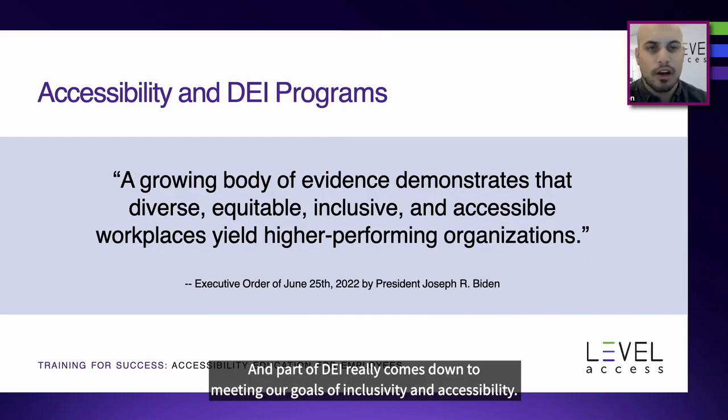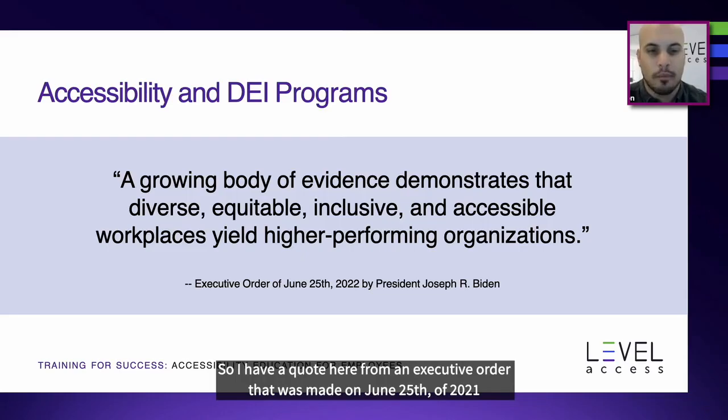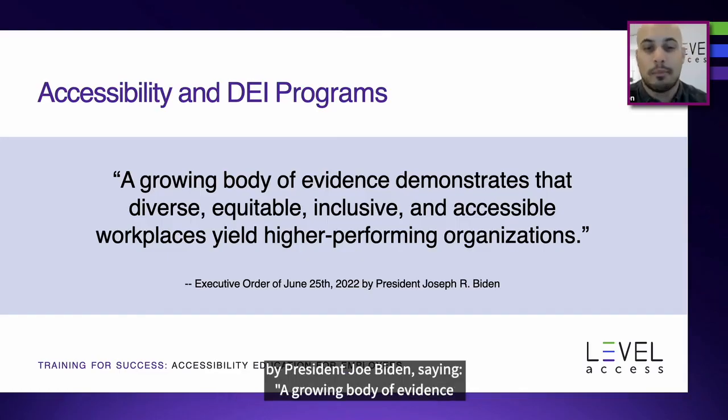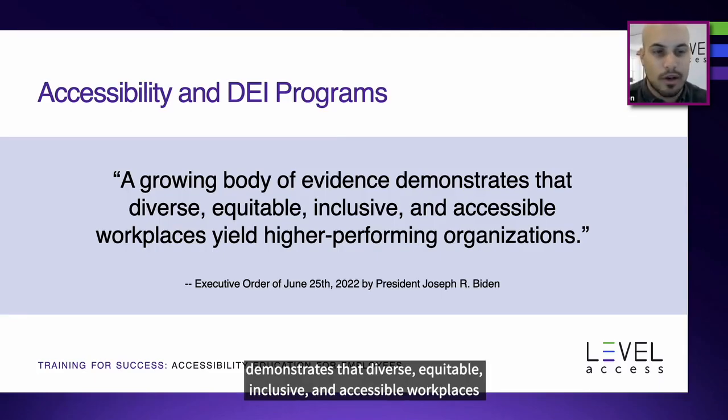Part of DEI really comes down to meeting our goals of inclusivity and accessibility. I have a quote here from an executive order that was made on June 25th of 2021 by President Joe Biden, saying: a growing body of evidence demonstrates that diverse, equitable, inclusive, and accessible workplaces yield higher performing organizations.